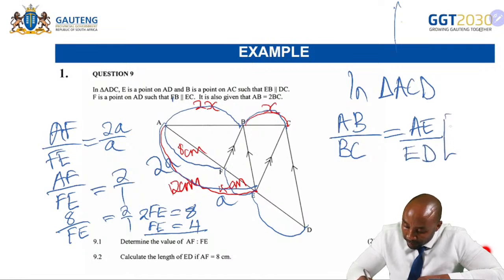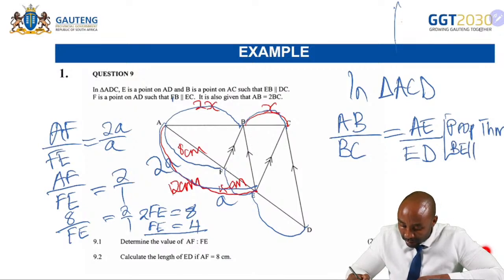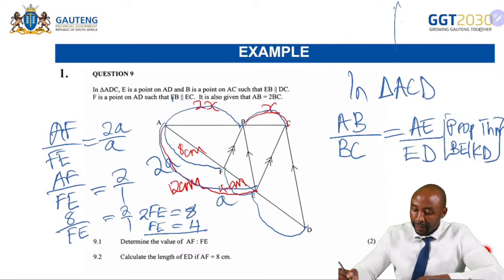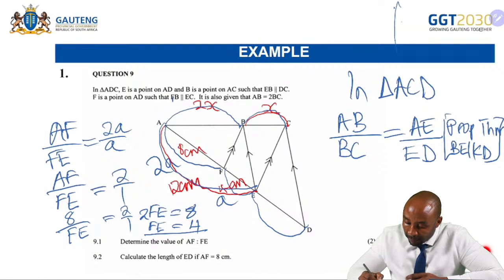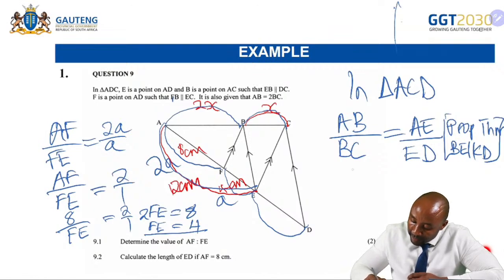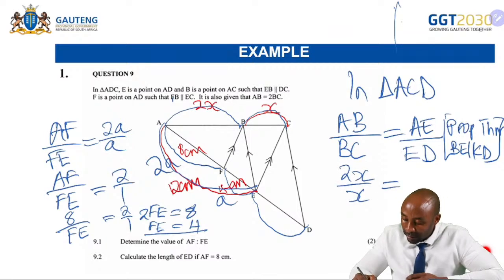My reason will be prop theorem, and I have to mention my parallel lines, and my parallel lines now will be BE is parallel to CD. Then I can substitute my AB over BC. I got it as 2x over x is equal to my AE.